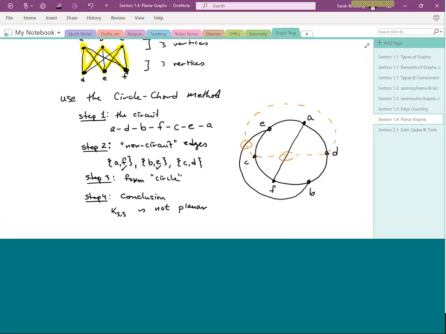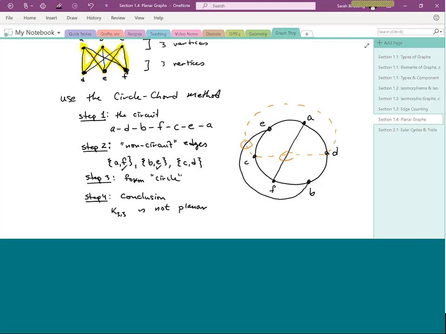It depends how you count smallness, whether you're looking at number of vertices or number of edges. There is a graph that's smaller or has fewer vertices. I'm trying to think how many, but that graph has one more edge than this graph has. So they're roughly the 2 smallest graphs that are non-planar.